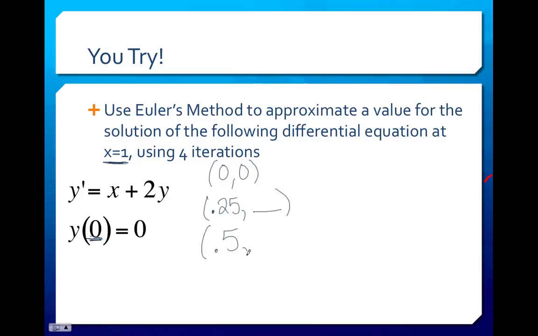So I'm setting up my kind of chart. This is me taking 4 iterations to get from 0 to 1. And so here we go. Y is equal to the previous y value plus the slope based on the previous point. 0 plus 2y, when those are both 0, is 0, times the step size of 0.25.